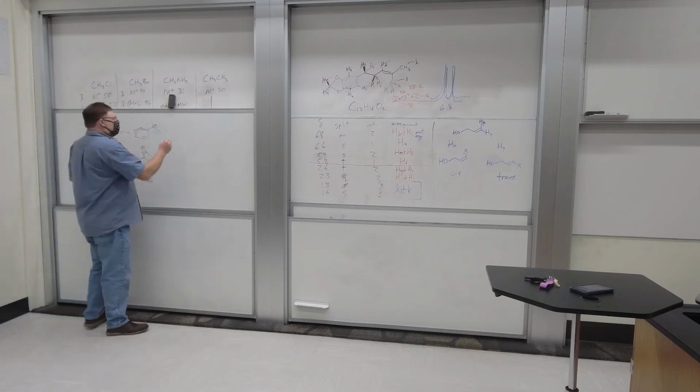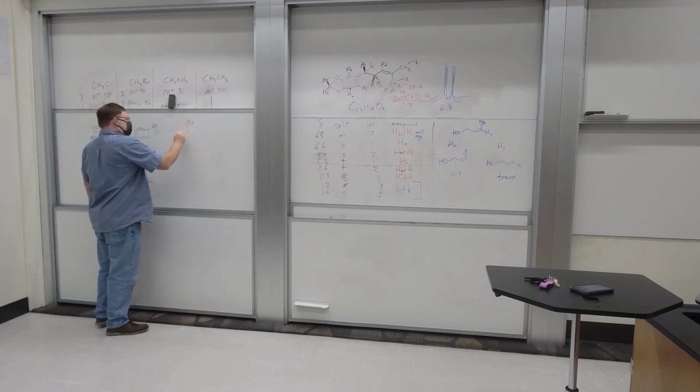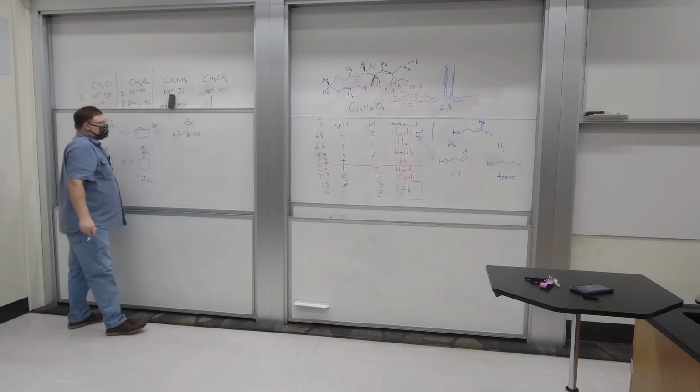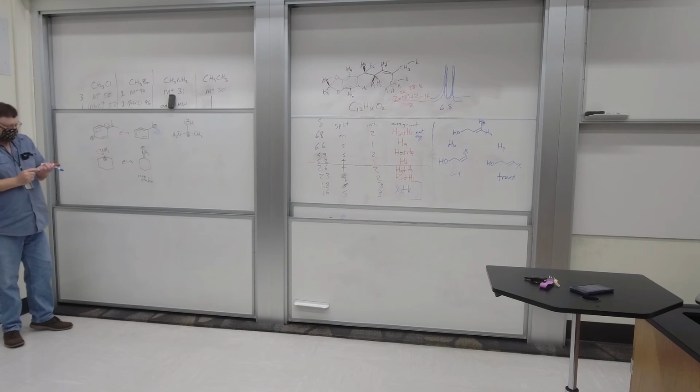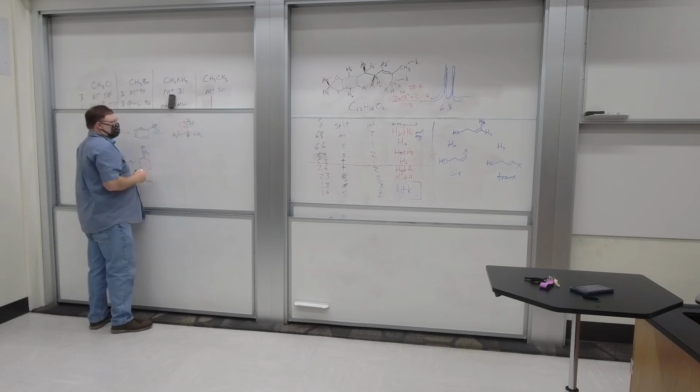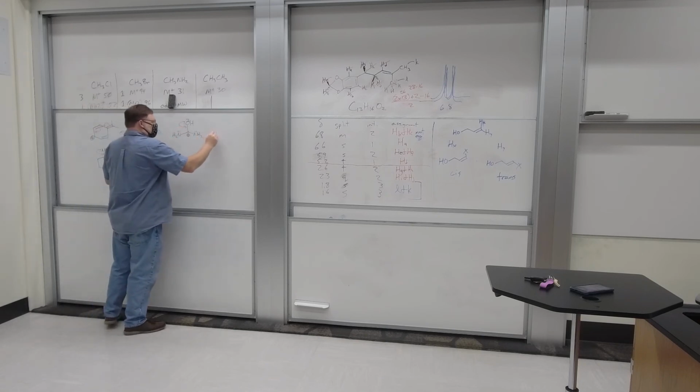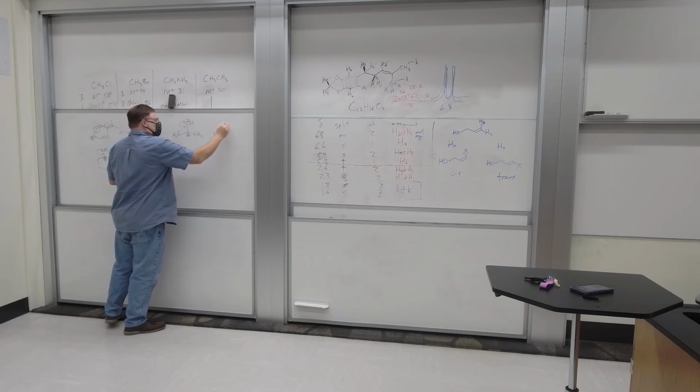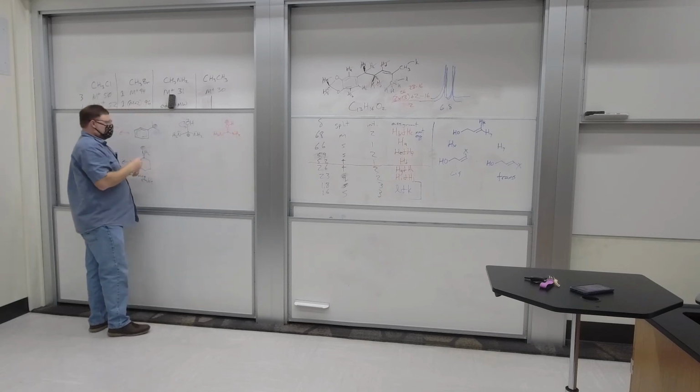Okay, so the other one was sort of related. Right, so that's your structure. And now there are two different ways to go. You can move the electrons down from the oxygen, or you can move electrons in from the nitrogen.